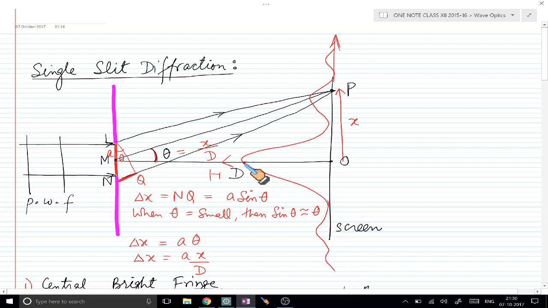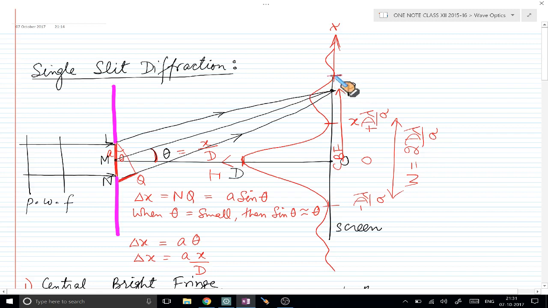Okay, now this is the central bright fringe. If we plot x over here, the x is 0 and the first dark was at D lambda by a on the upper side of O and minus D lambda by a on the lower side. So the width of the central maxima, which is denoted by W, is 2D lambda by a.